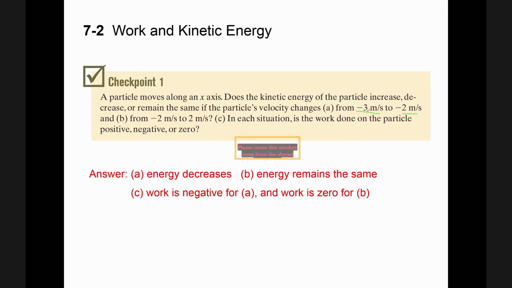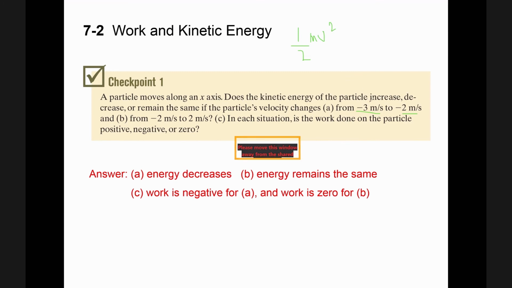Why? Because I have only to worry about the square of the speed, because it's half m v square. So what's important is the v square. It's not important if it's negative velocity or positive velocity. I have to square it anyway.